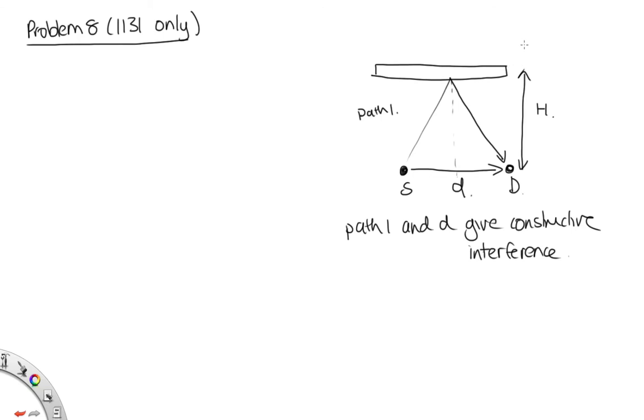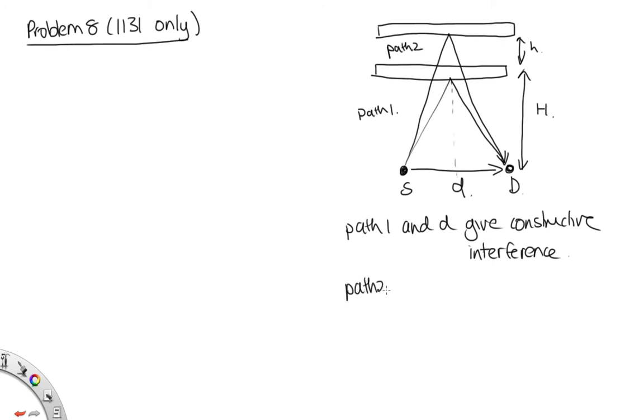However, this layer of atmosphere can move up a little bit, and if it moves up a distance little h, and the wave goes from the source to this new height of atmosphere and back down, let's call that path 2, we get destructive interference, and we're told that there's no other maximums or minimums in between. So path 2 and D give destructive interference.